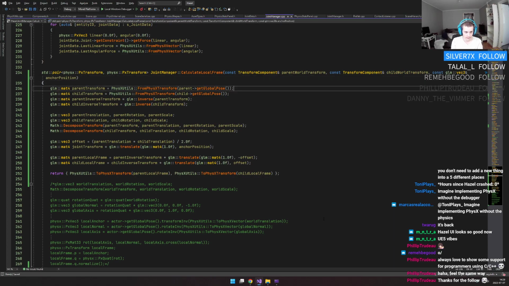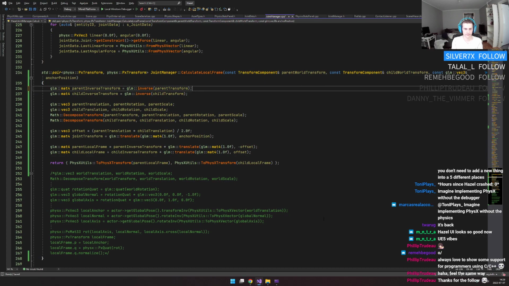That's a long line of code. And this makes it so much easier because we can do get transform.